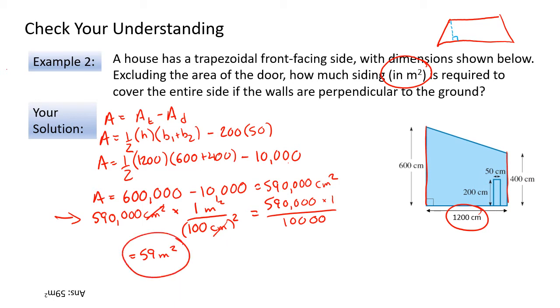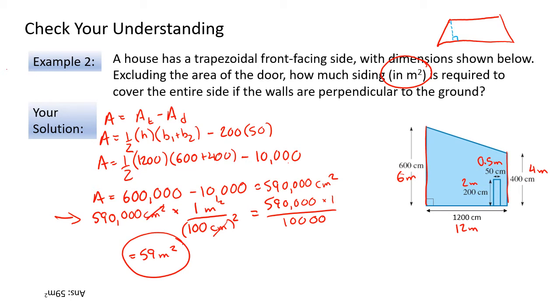Okay? You could do the conversion at the end, or you could have converted each one of these to meters. So this could have been converted to 6 meters. This could have been converted to 12 meters, 4 meters, 0.5 meters, and 2 meters.